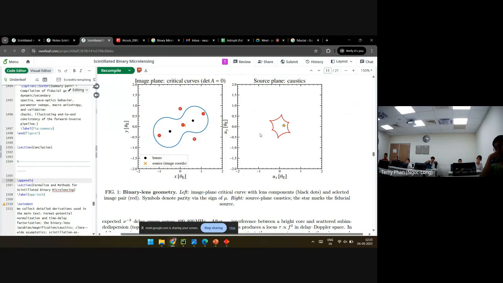FRB sources are usually much smaller than the resolution of the telescope. But here, it looks like your result has a size to measure. I wonder what's the size.